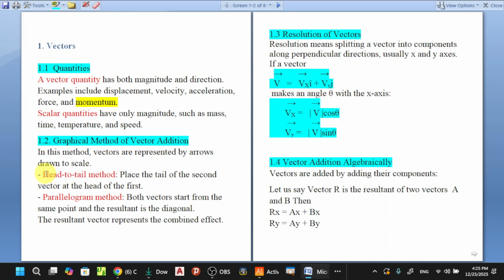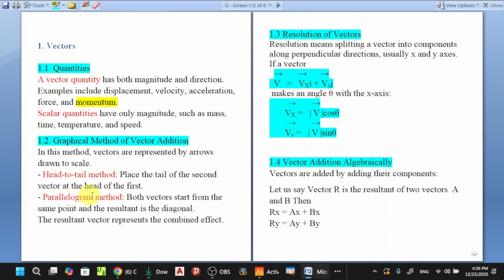You draw the first vector and you connect the tail of the second vector to the head of the first vector, and finally you connect to get the resultant. You draw from the tail of the first vector to the head of the last vector. That's how you do it. I'll show you by example.